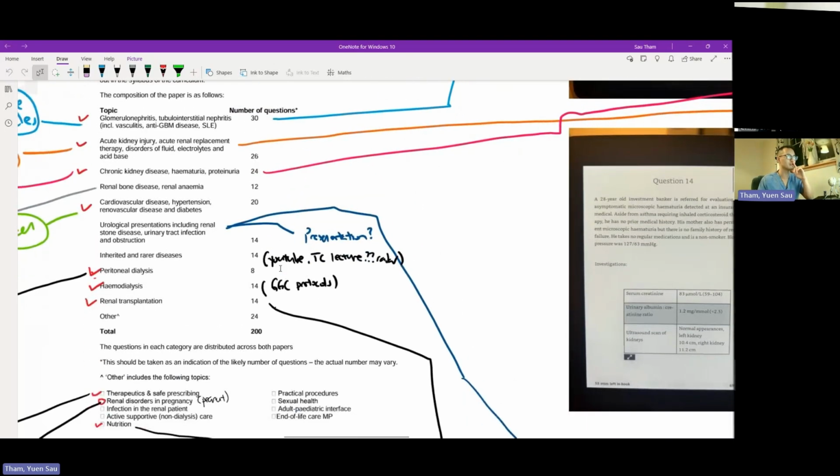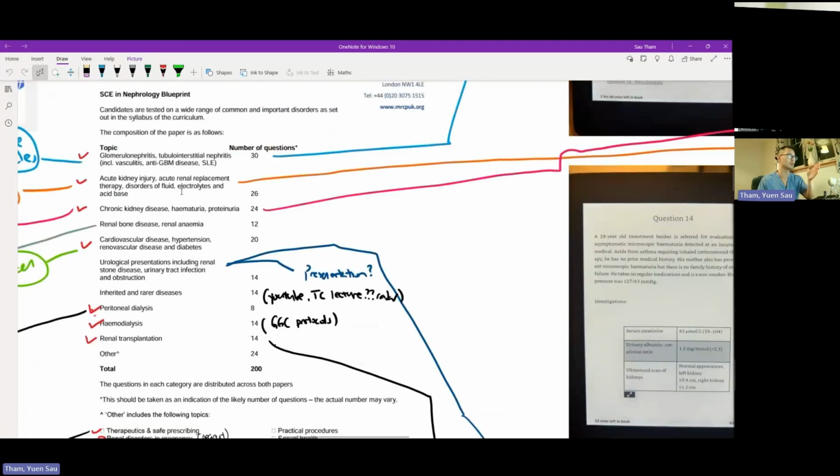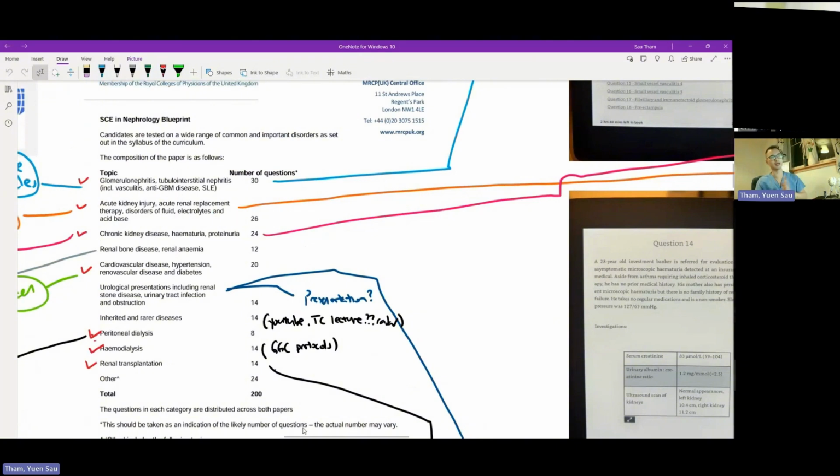Okay, and now the next bit I'm going to do is go through each one, and point out resources that you have to do, or rather that I did that helped me get over the past one. So the first thing we're going to talk about is GN stuff.